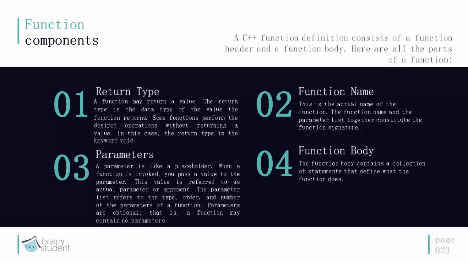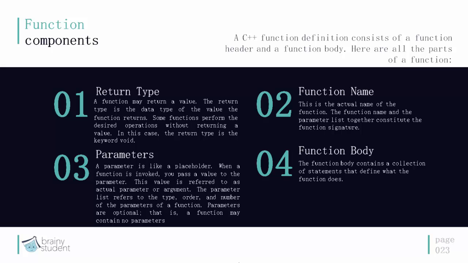Then we have actual parameters also. When a function is called from the main program, the parameters used in the call are called actual parameters, which are individually declared in the main program itself. So those are actual parameters. These actual parameters are converted to formal parameters when the control goes to the function.